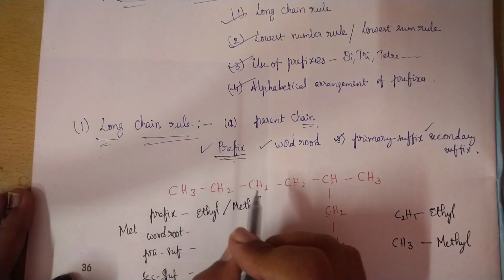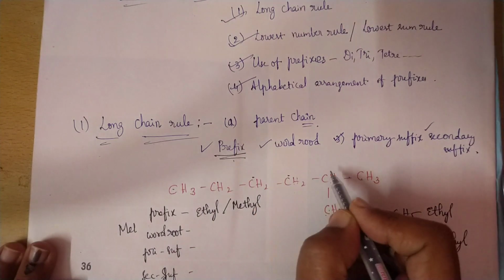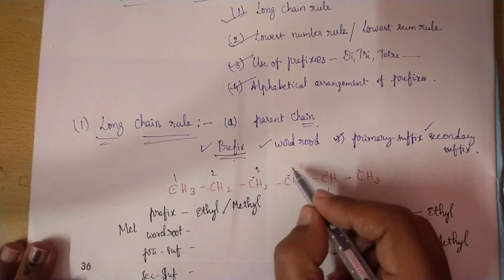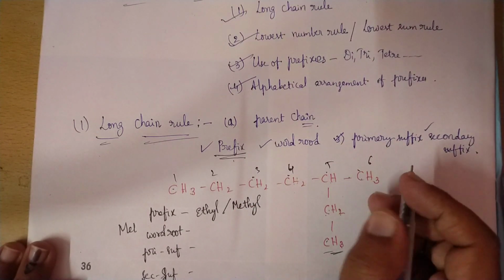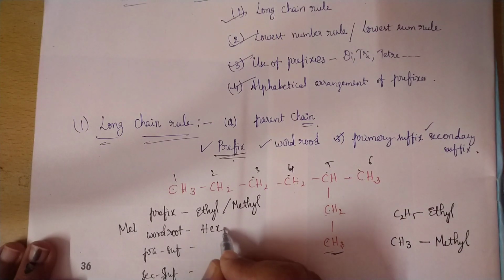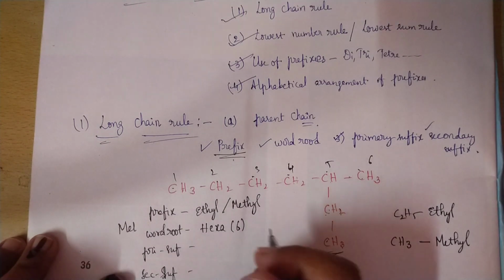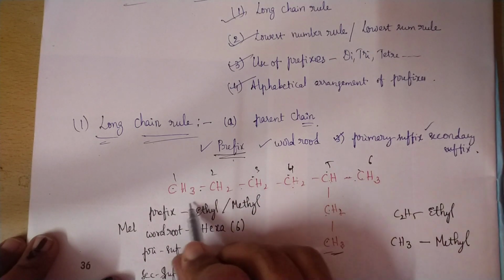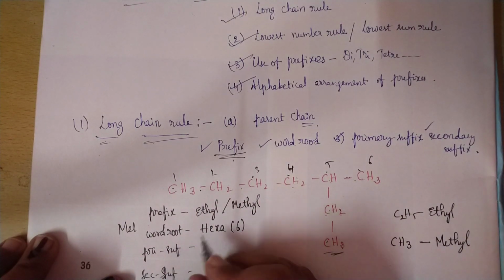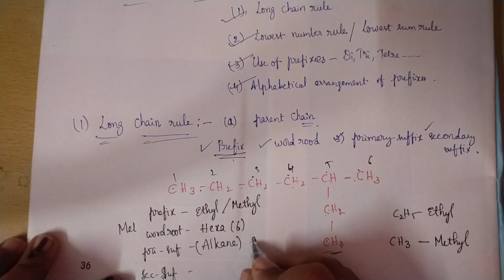Word root: we need to count the number of carbons in the parent chain. 1, 2, 3, 4, 5, 6. Six is hexa. So what would be the primary suffix? Here we need to check the bonds. You can see in between these there is a single bond, and if there is a single bond, then those are alkanes, so we give priority to ane.